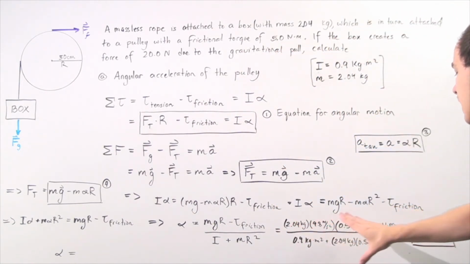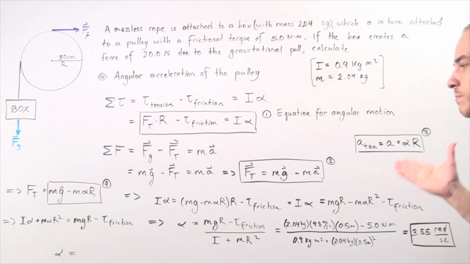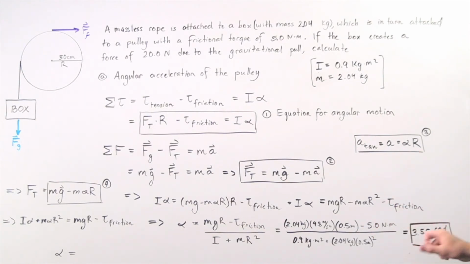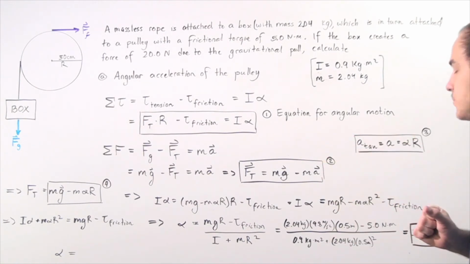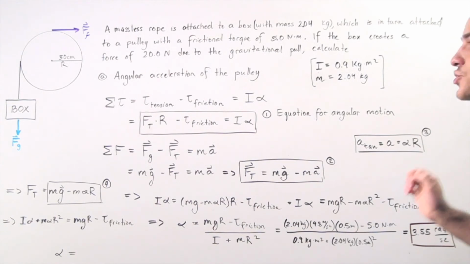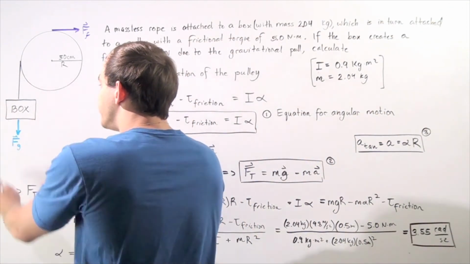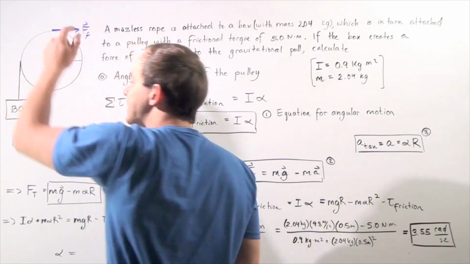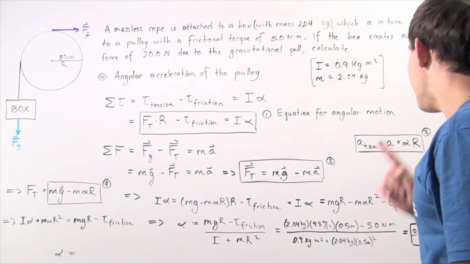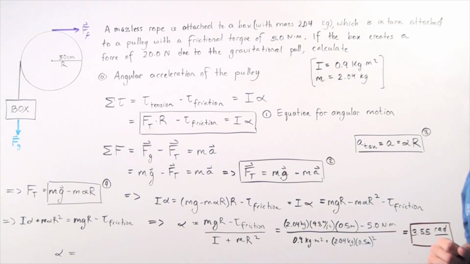So we plug those values into the calculator, and we get that our angular acceleration of the object is 3.55 radians per second squared. So as this box is moving vertically downward, it's rotating our pulley with an angular acceleration of 3.55 radians per second squared.